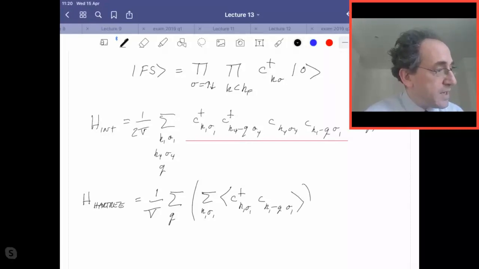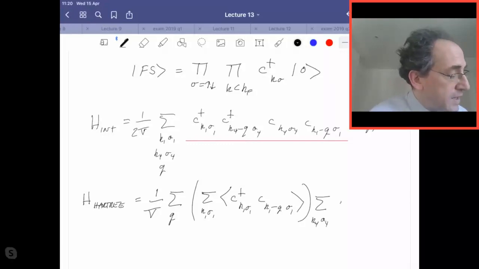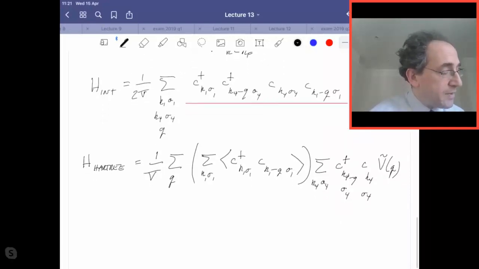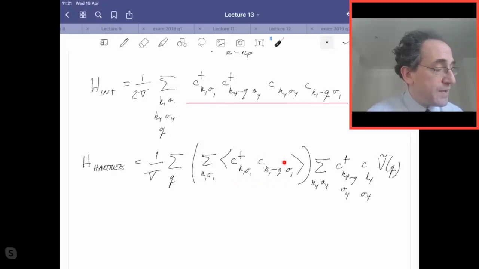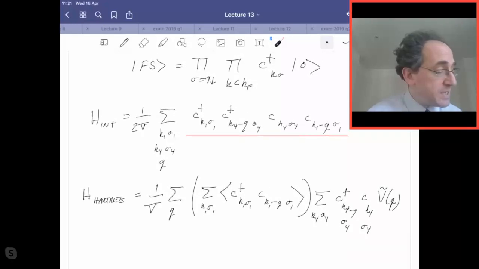That's averaged. And then what's left over is the sum over K4 sigma 4 C dagger K4 minus Q sigma 4, and C K4 sigma 4, and then V twiddle of Q. Okay, now what's crucial here is in this expectation value, the state I'm considering is a Fermi sea.